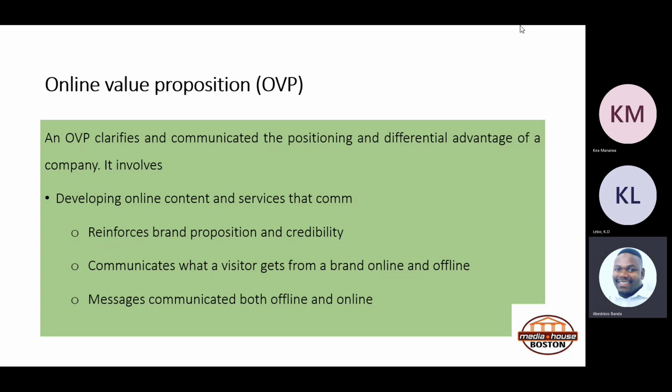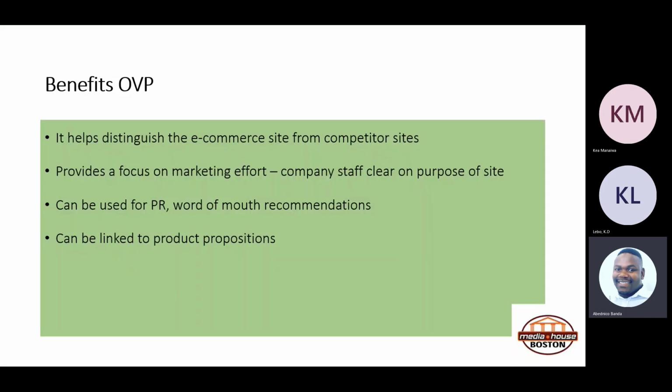How you reinforce your brand and credibility through developing digital content, how you communicate both offline and online. There has to be a sync in how messages are communicated. So all these must lead to an online value proposition.